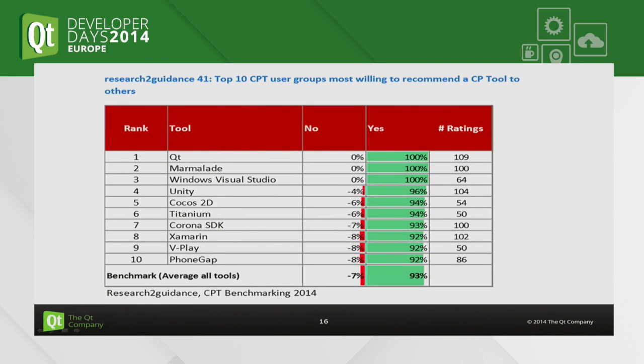Also, what I liked about this was the top 10 cross-platform tools that user groups are most willing to recommend to others. 100% of the people who took this survey were willing to recommend Qt to others, and that's something we really hold dear, that our users really love the product.